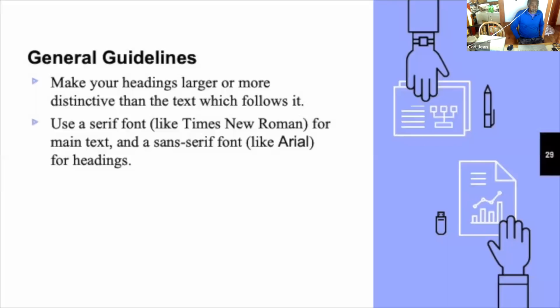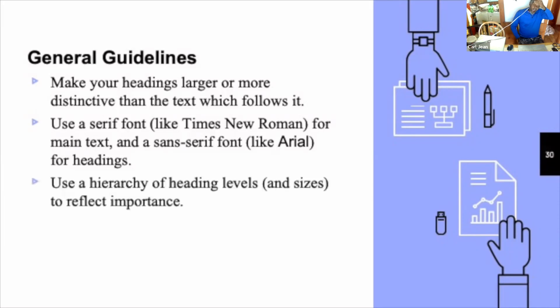You might also use color to make a heading more distinctive, though you should almost certainly not use color in the main text. You might want to have multiple levels of headings, what the textbook calls a heading hierarchy. In that case, you want the size of the font you use for a heading to reflect its level in the hierarchy.